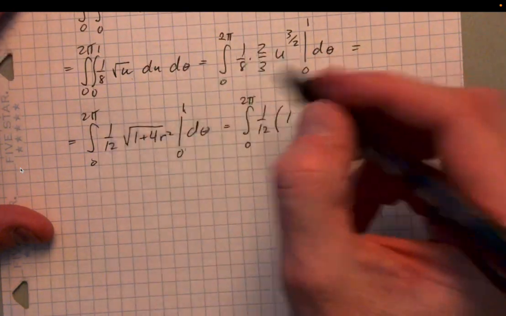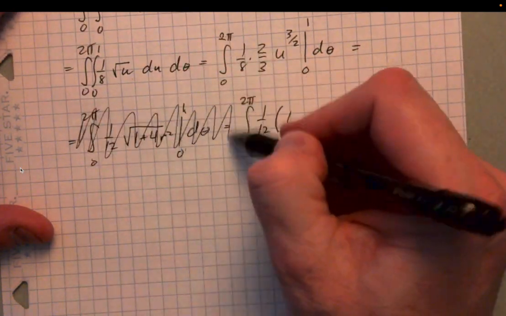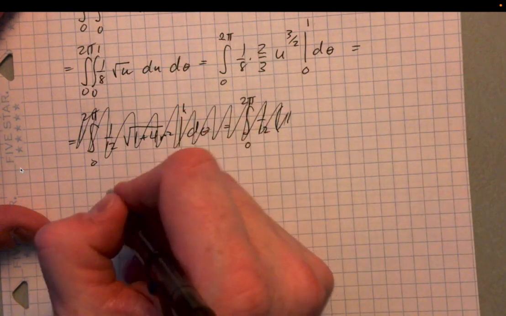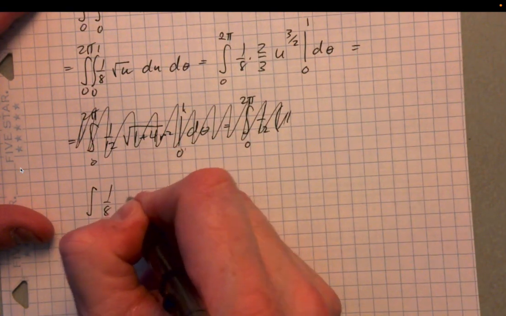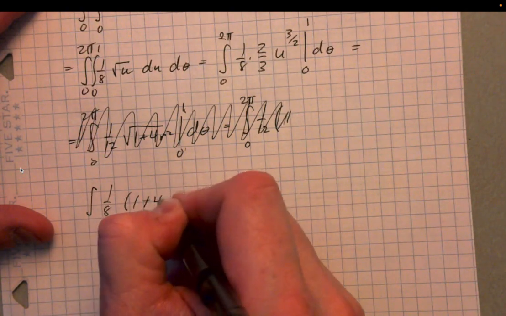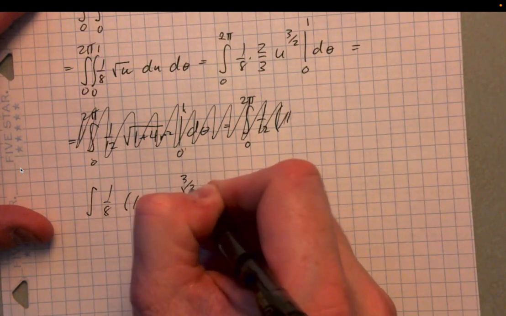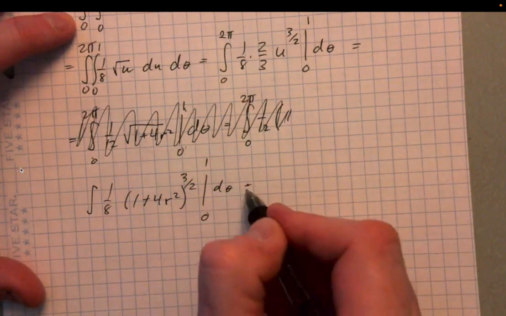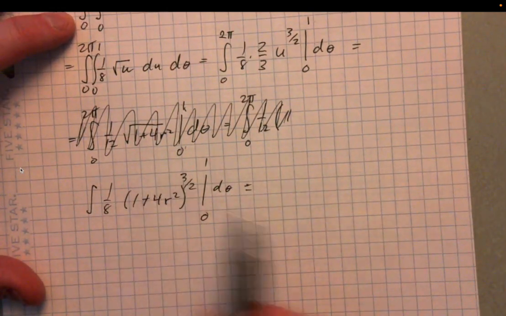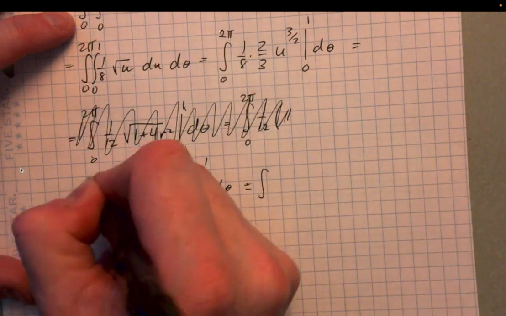Oh, shoot, I'm so sorry. I made a mistake there. Let's back up a second. I miswrote that, so it should be 1/8 times 1 plus 4r squared to the 3/2 power from 0 to 1 d theta. Yeah, I wrote this as the square root. This is the 3/2 power, so that makes a big difference.